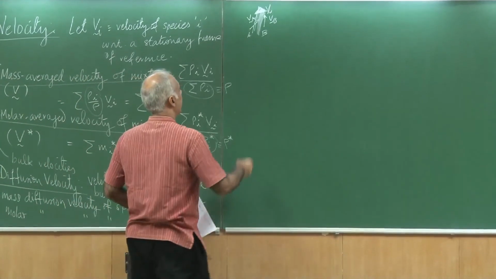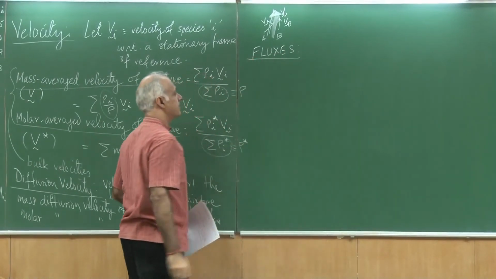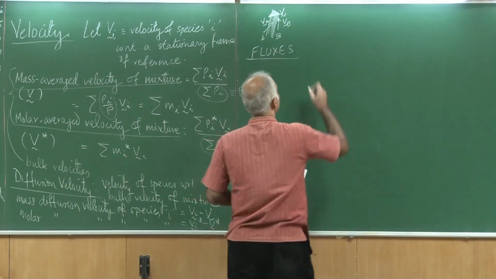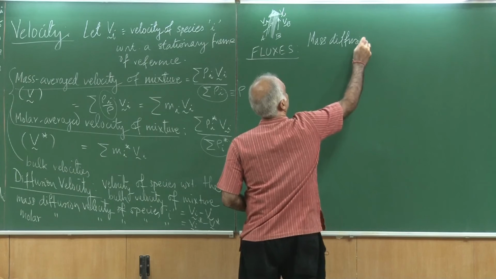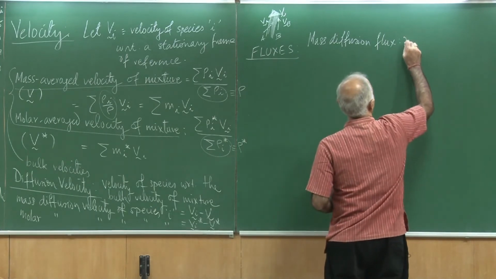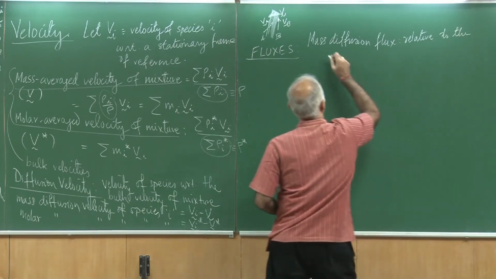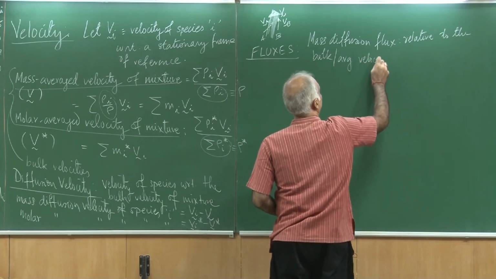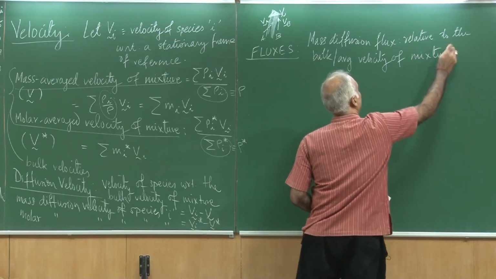All right. And therefore, I can now talk about fluxes, which is what I am going to use for Fick's law. So we will talk about the mass diffusion flux. And these are actually relative to the bulk or the average velocity of the mixture.